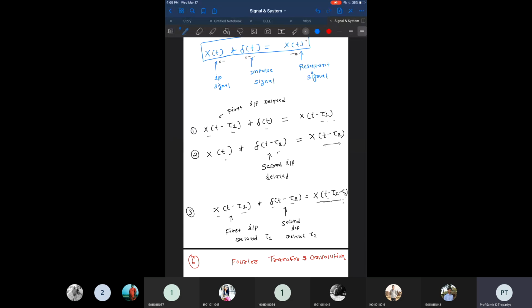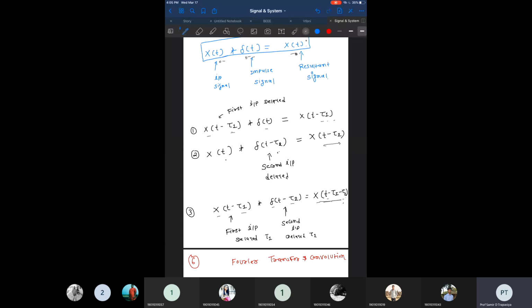If we apply the convolution operation in the time domain, then in the frequency domain it is the multiplication between the two components x1 of f and x2 of f.